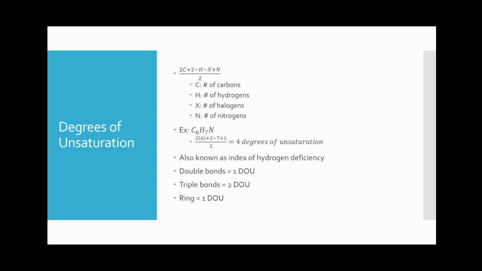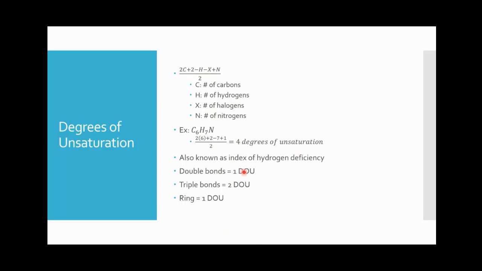All right, so for degrees of unsaturation, here's the formula for it. It changes based on carbons, hydrogens, halogens, and nitrogens. Here's an example. With this one, you would have 4 degrees of unsaturation.